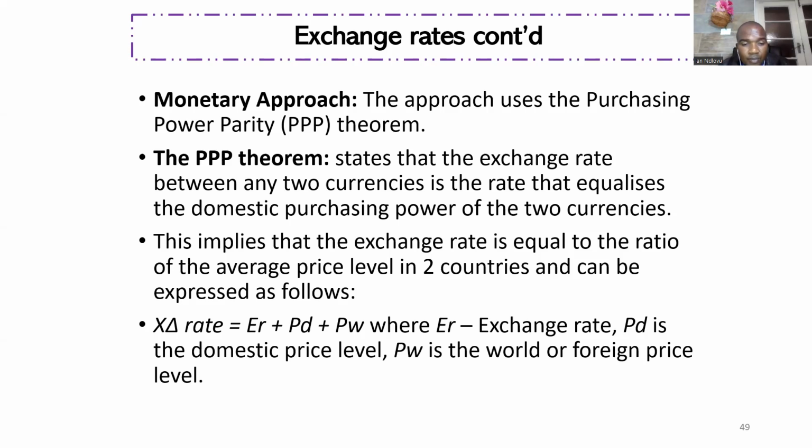In practice, the formula is normally expressed as a fraction of some sort. You can check that from the internet. This is just a generic expression to say we take into account the domestic inflation index and the foreign or the world inflation index in determining the exchange rate which will be prevailing when it comes to the purchasing power parity theorem.